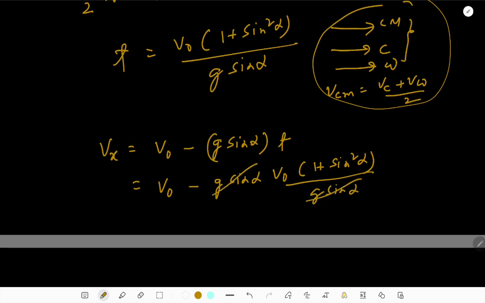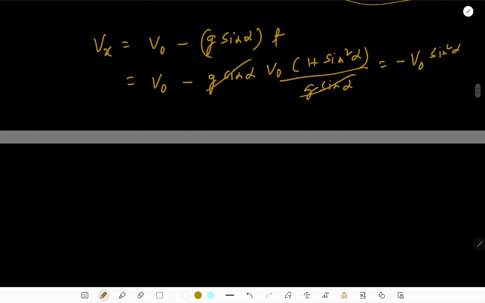So it gets cancelled out, and this value is simply v naught sine square alpha. I get the velocity of the cube along the x-axis like this, v naught sine square alpha.